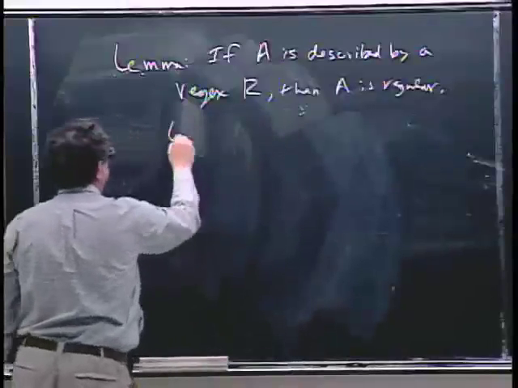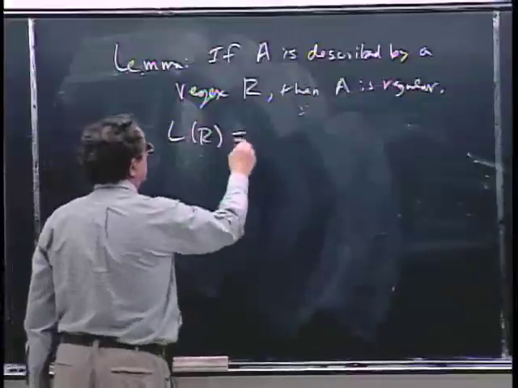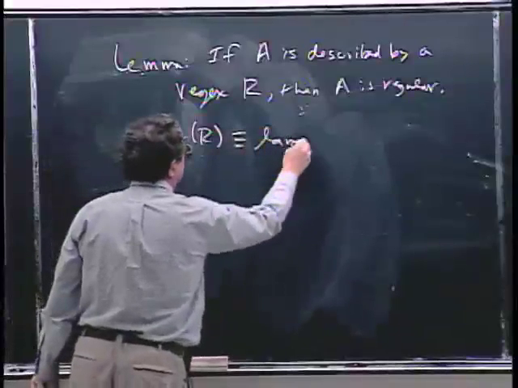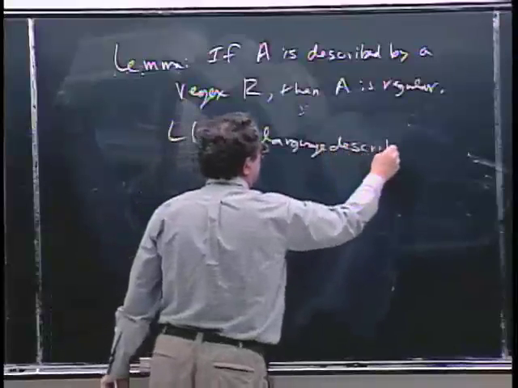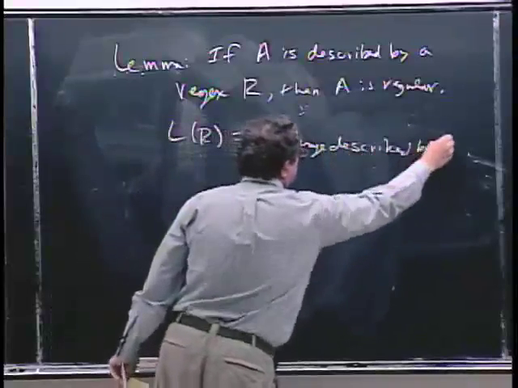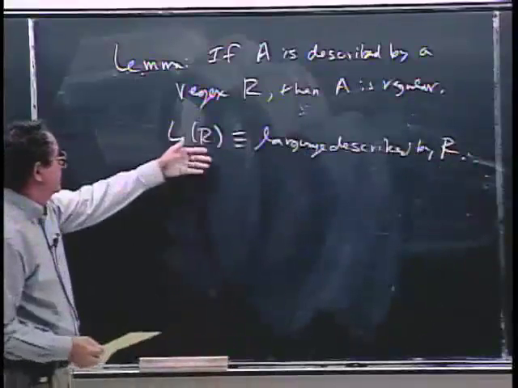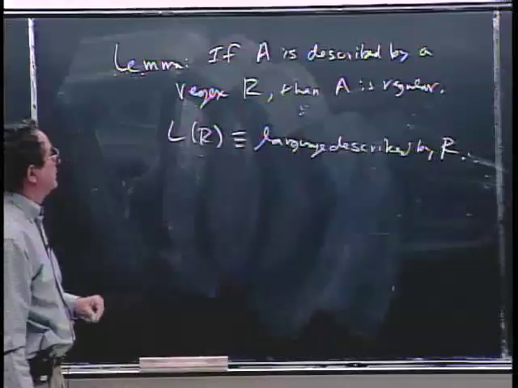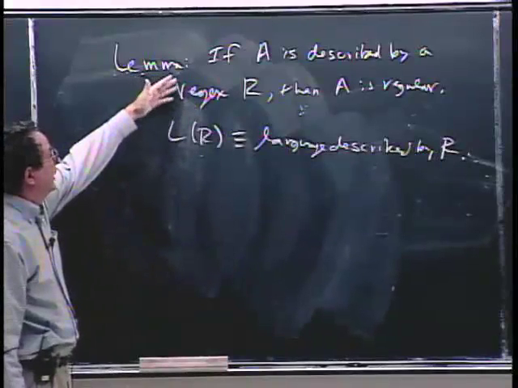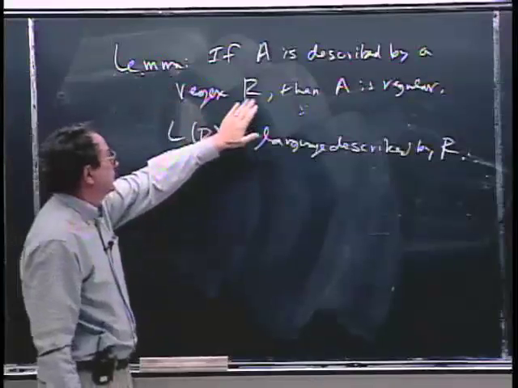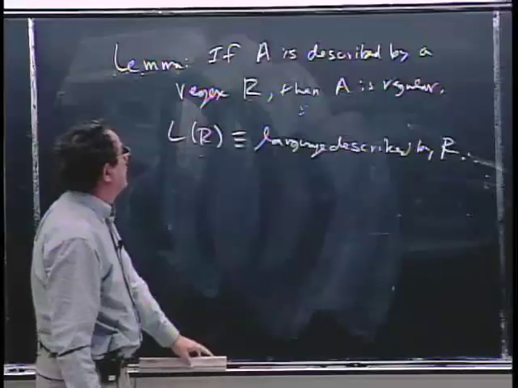Actually, there's another notation that's used here. L of R is the language described by R. Okay, so R is a regular expression. L of R, that's the language that's described by the regular expression R. So anyway, here we're saying that if A is described by some regular expression R, then A is regular.